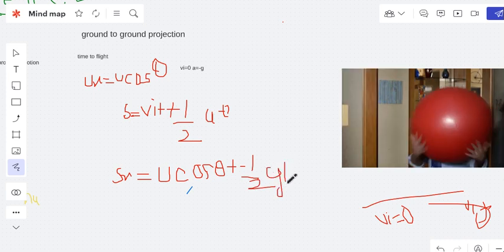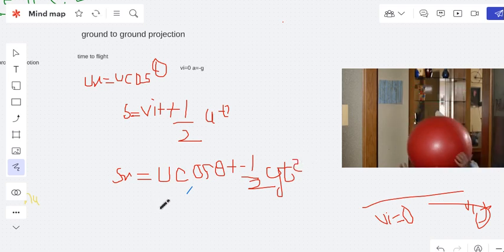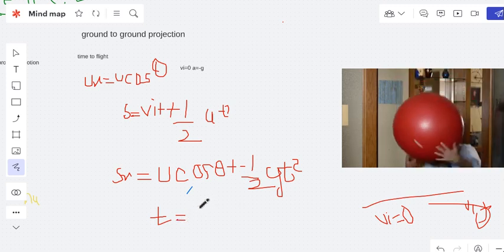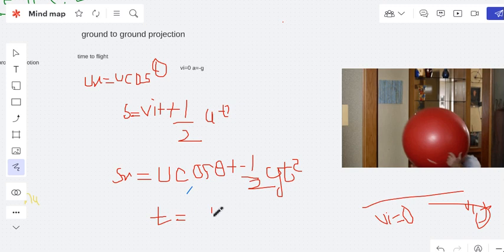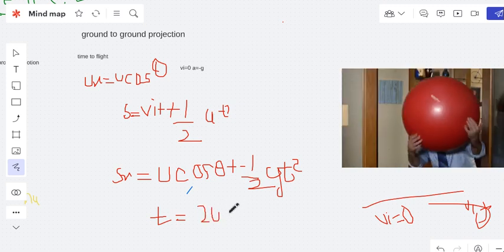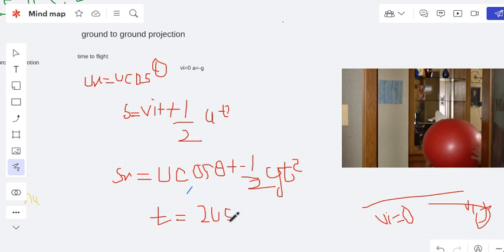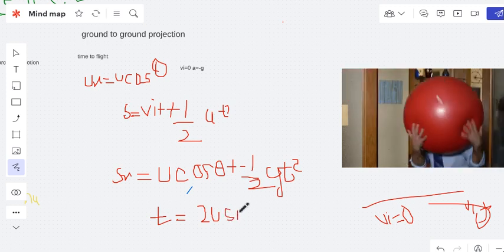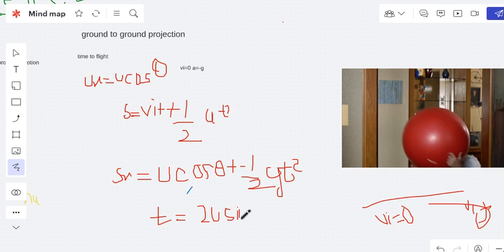And after solving all these equations, the basic equation that we will have is T is equal to 2u sine theta upon g. I'm sorry, I might have made a mistake. So this is the basic formula that we will have, right? So 2u sine theta upon g.